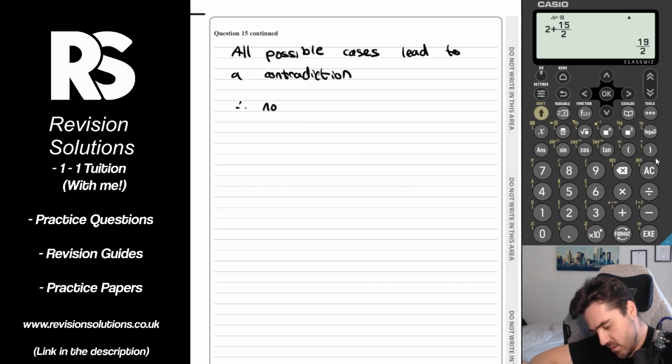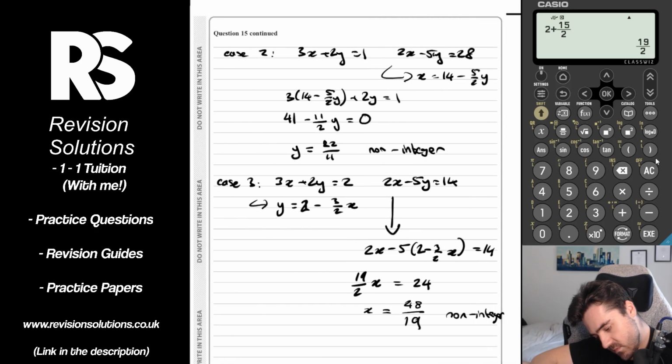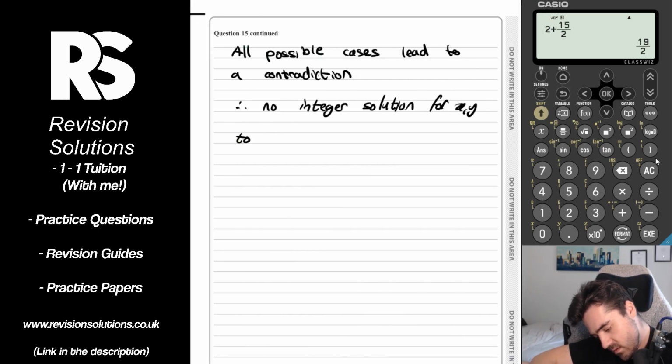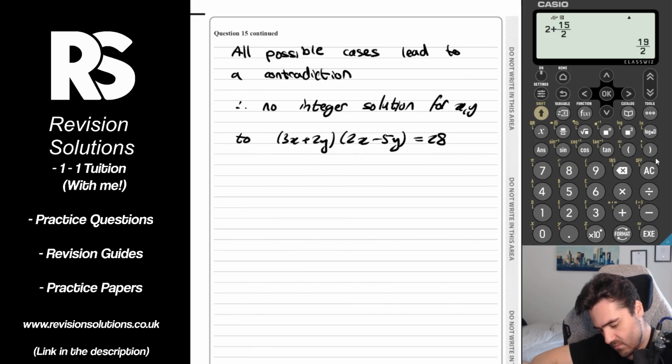Let's try and write it legibly. Therefore, no integer solutions for x, y to, what was the equation? 3x plus 2y times 2x minus 5y equals 28.